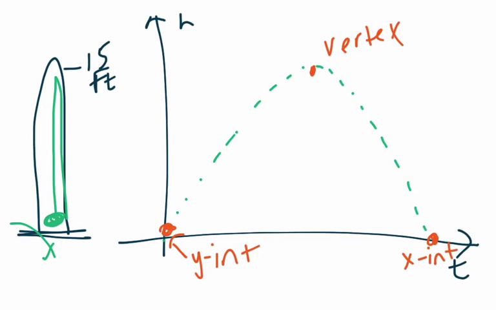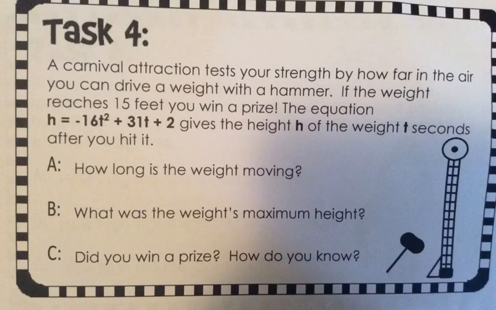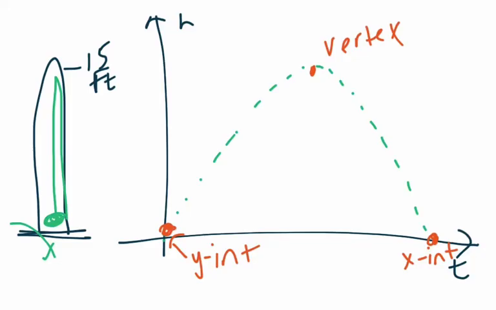Let's take a look at those questions to see what they are asking us for. The first question was, how long is the weight moving? So let's use our picture to help. You hit the weight, it goes up, it comes down. It's moving, moving, moving. It actually stops instantaneously at the top, but that's not what the question is driving at.